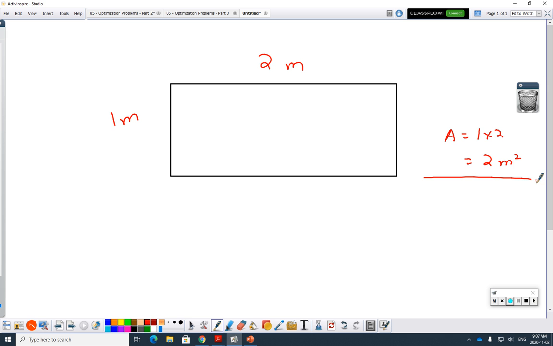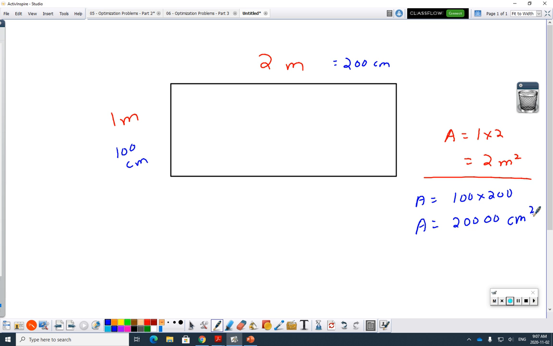This becomes 100 centimeters. This becomes 200 centimeters. And the area is 100 by 200, which is 20,000 centimeters squared.